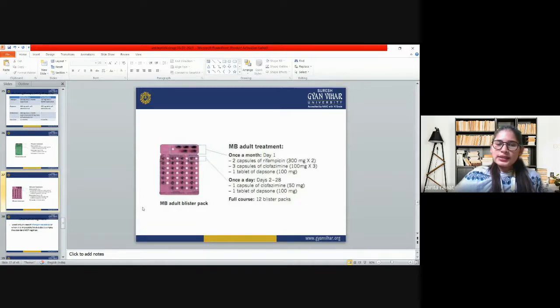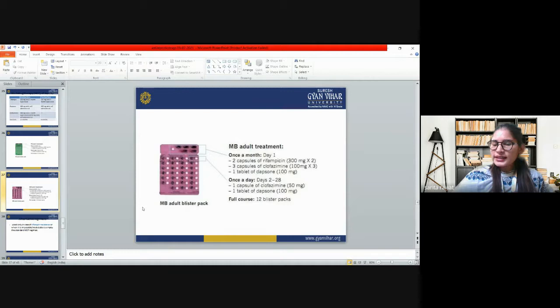Now, this is the multibacillary adult blister pack. MB adult treatment once a month on day 1 includes 2 capsules of rifampicin, 300 mg into 2, 3 capsules of clofazimine, 100 mg into 3, and 1 tablet of dapsone, 100 mg.